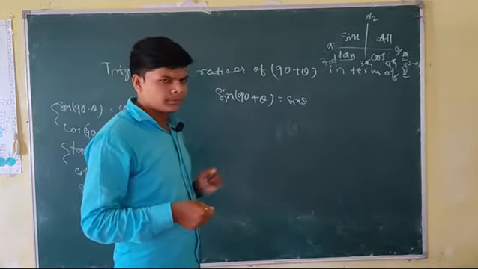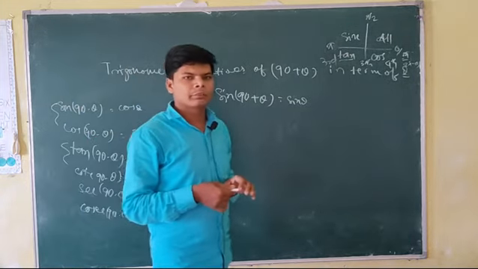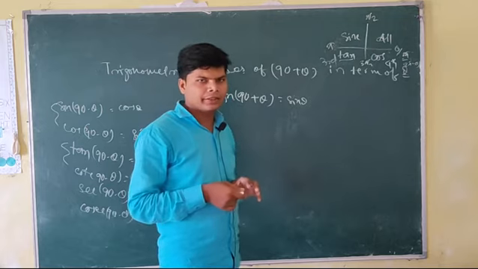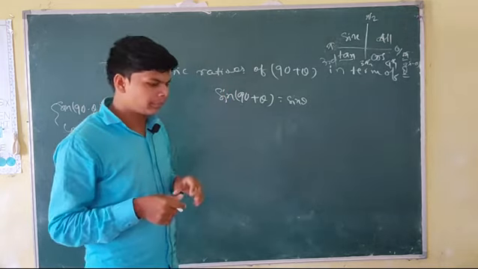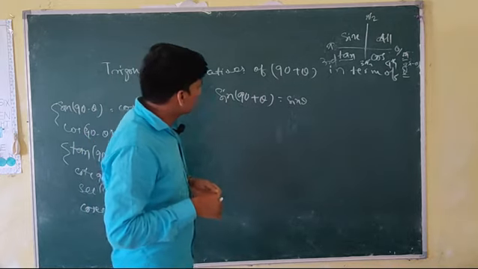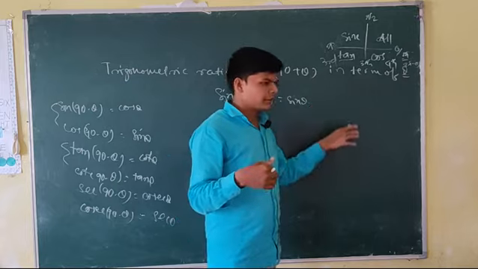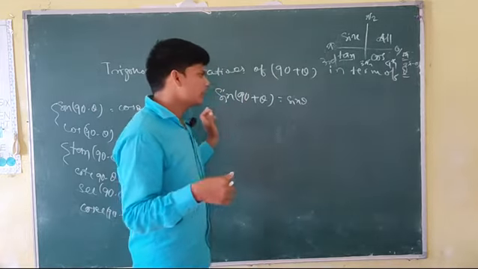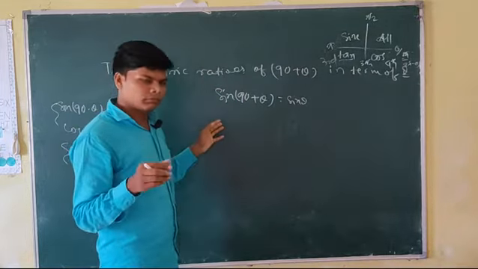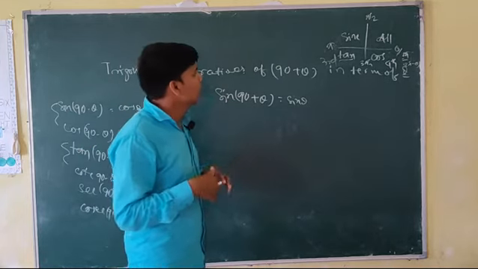It will help more in your second year mathematics, integration and derivatives, particularly on this topic. See, sin 90 plus theta is sin theta. We can derive how it comes, but it is not required here.